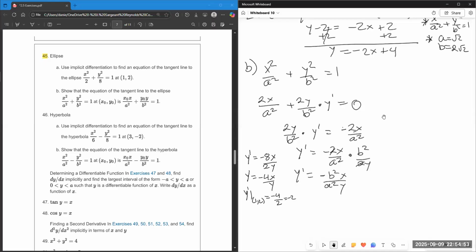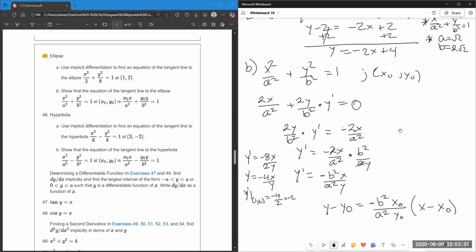Now, this is going to get a little trickier because we're given a generic point x0, y0 here. So we need to write this tangent line as y minus y0 equals m, which is this thing here, but we're plugging in our x0 and y0, times x minus x0.